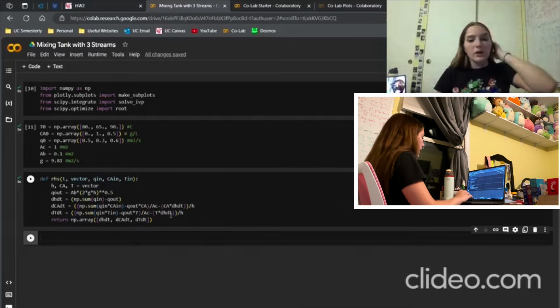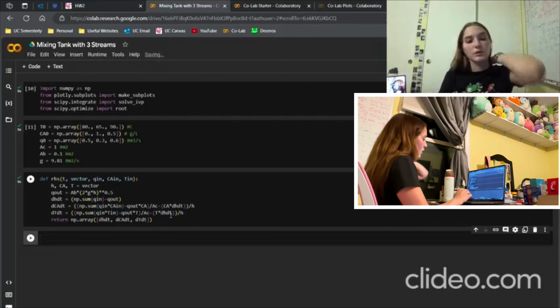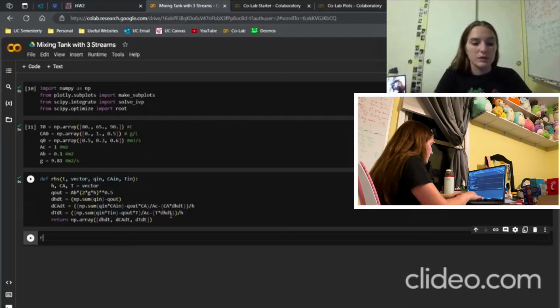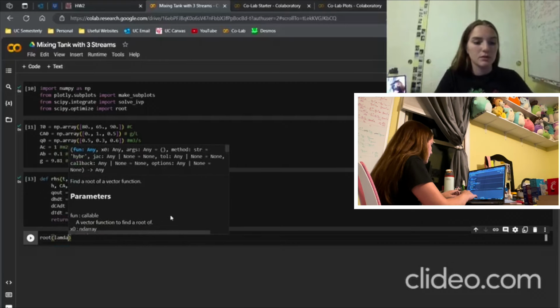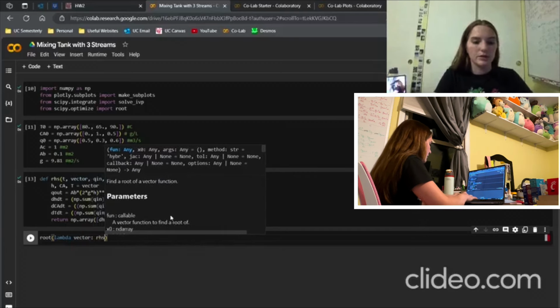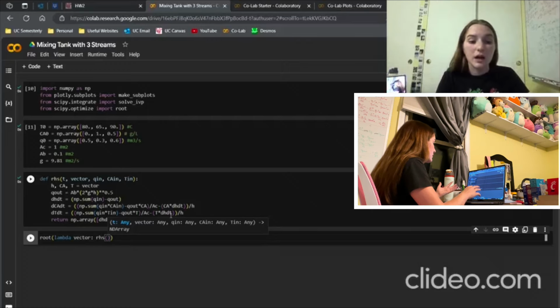So now we are ready to find the roots of our equations. All that the root means is when the equation is equal to 0, so that would be our initial steady state. So we are going to do root of lambda, and then our vector. And now we are going to do our right-hand side. So we have our time, which we know that none of our equations depend on time.